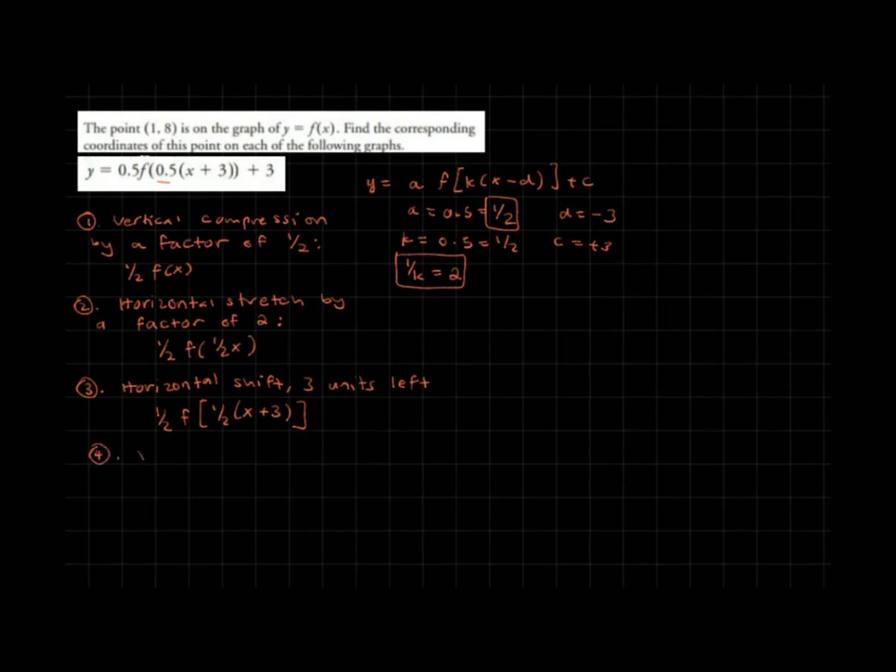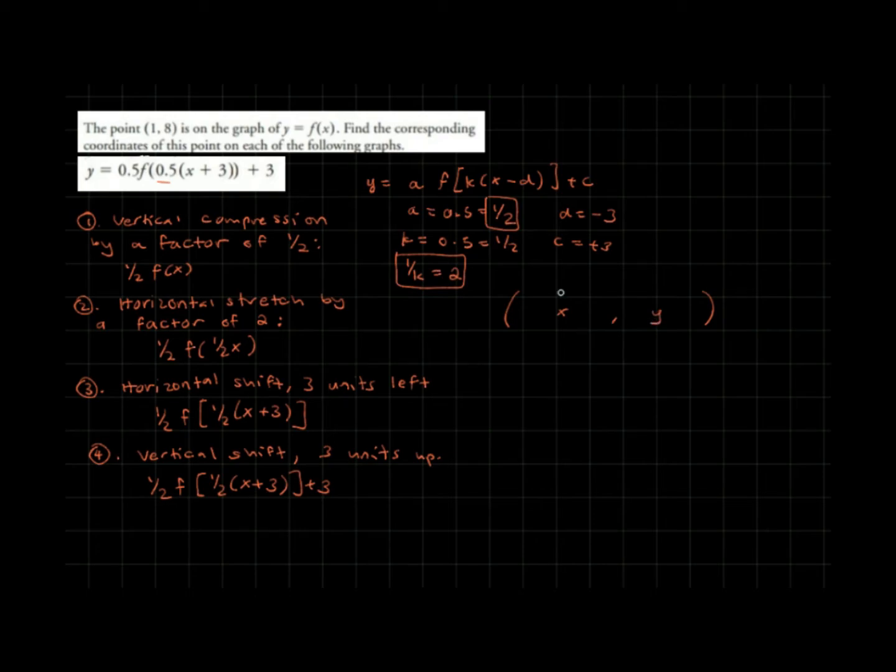In the fourth transformation, we have a vertical shift 3 units up, so the way we would write this is 1/2 f of 1/2 x plus 3, plus 3. Okay, so now that we have a collection of all of our transformations, we want to translate this into mapping notation. I want to create a transformed equation.